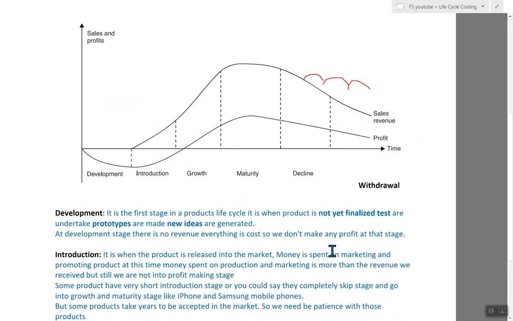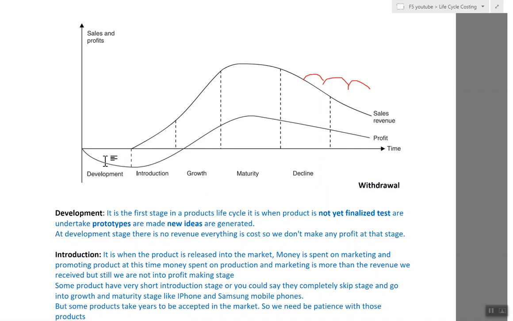Okay, the first stage of the life cycle of a product is the development stage. It is where the product is being designed, the tests are undertaken, maybe technical data is purchased from other companies. So this is the profit line, and we are below the profit line.